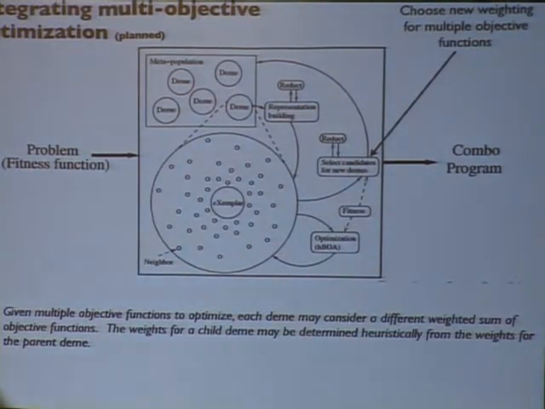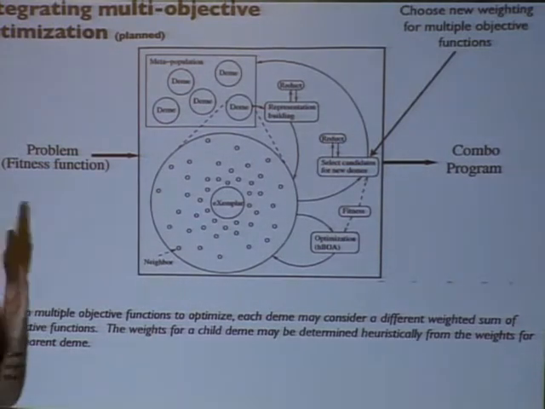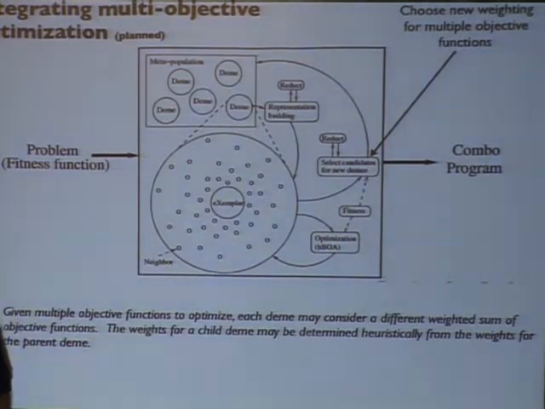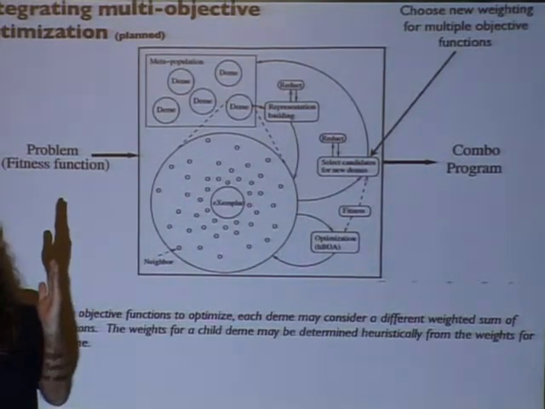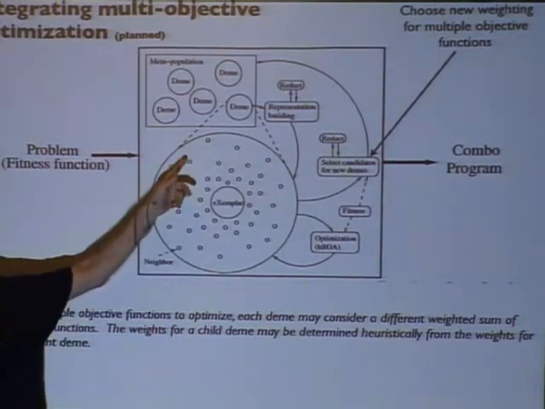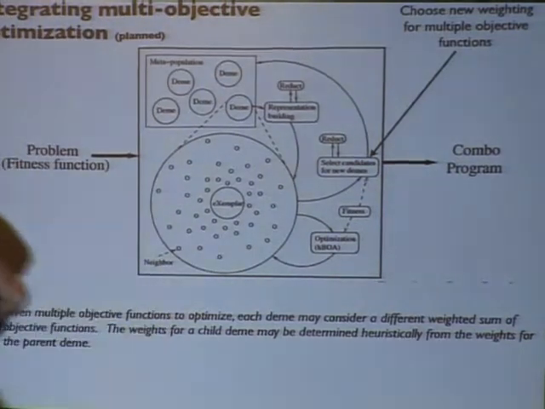You can do multi-objective optimization, and basically if you have many different objective functions and you don't know how to weight them, each deme can have a different weighting of the objective functions. And you can also use heuristics to choose the weight vector among the objective functions of the child deme based on what you saw in the parent deme. That uses even more processors.